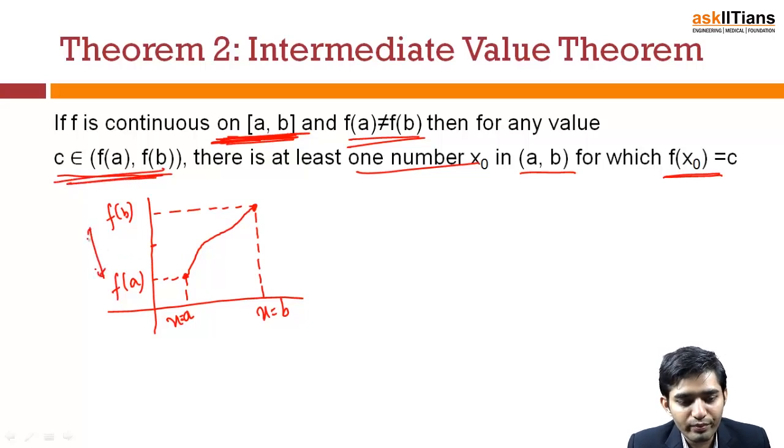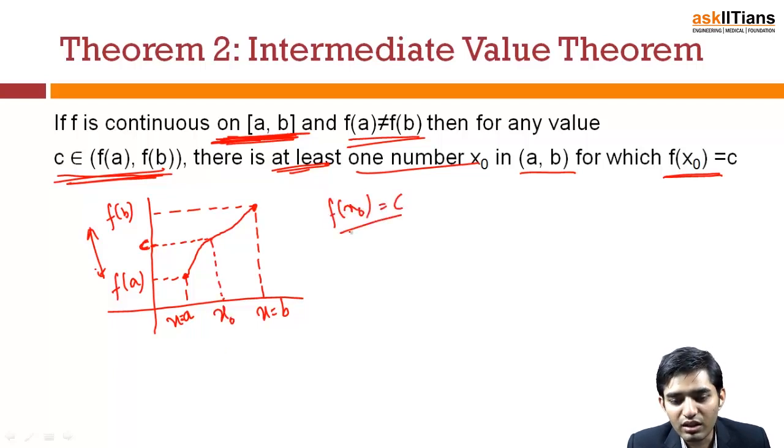Between these two, there will definitely exist at least one number c, for which f of x naught will be equal to c.